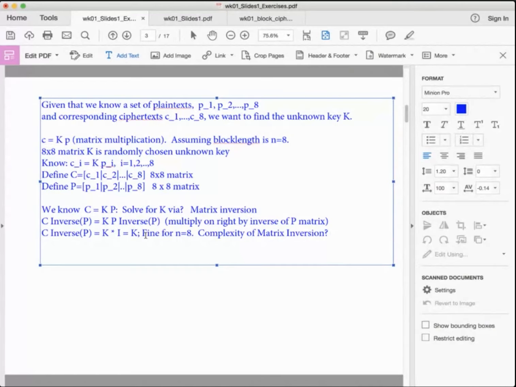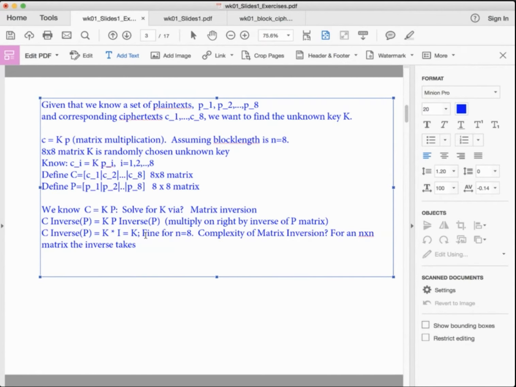But we know for an n by n matrix, the inverse takes, if you do the silly way, the high school way where they tell you to divide by the determinant and apply all those adjugate mappings, that would be O(n cubed), but the best known is like 2.4 something.